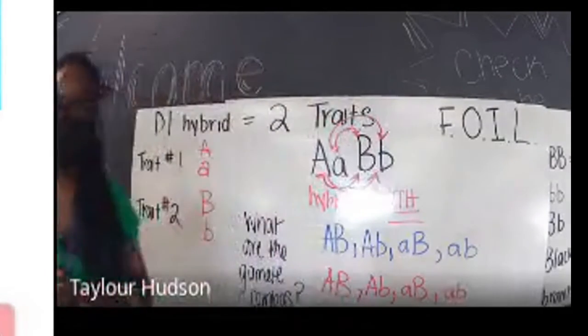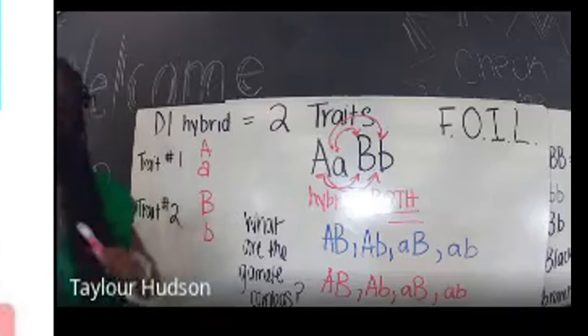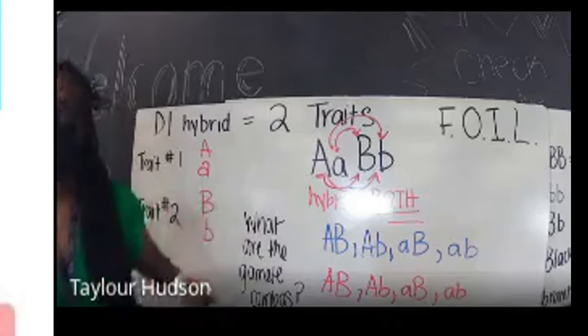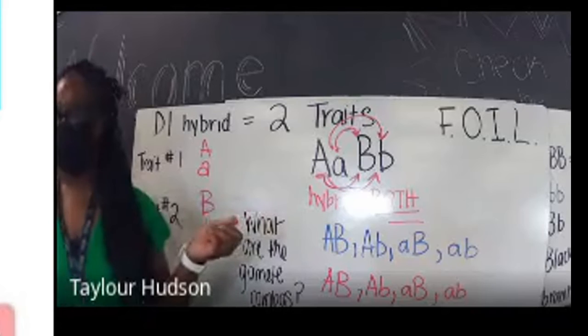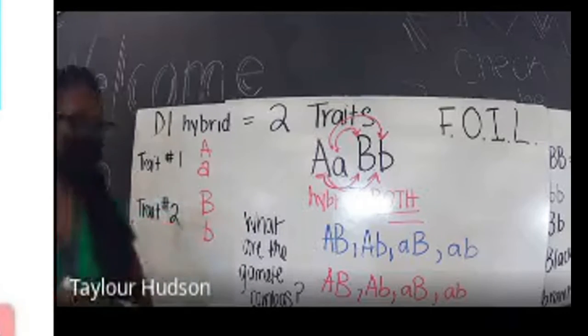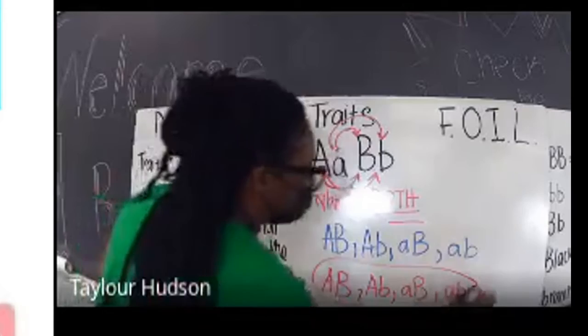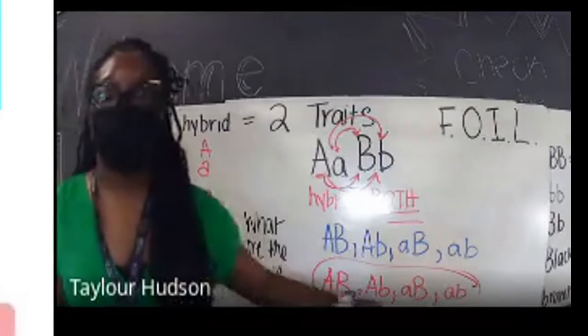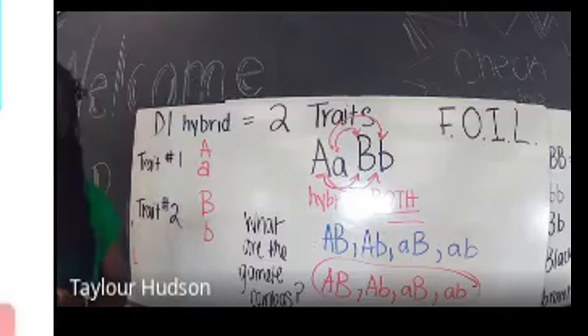And I always get it right. First letter inner, first letter outer, second letter inner, second letter outer. That's how you form it. And that's it. That's all you need to know how to do for a dihybrid cross. Tell me the gamete combinations from those parents.